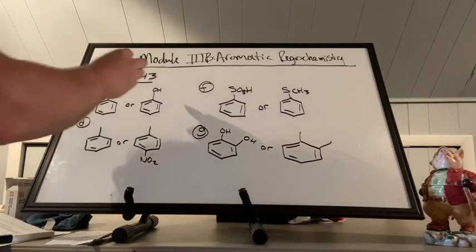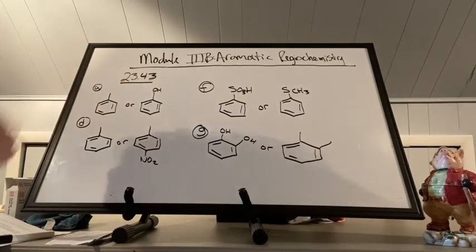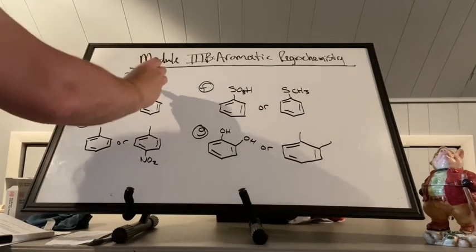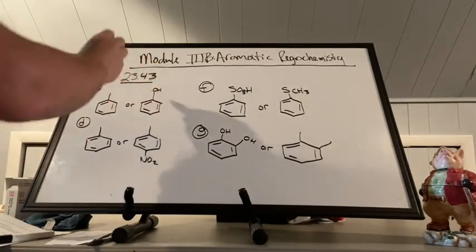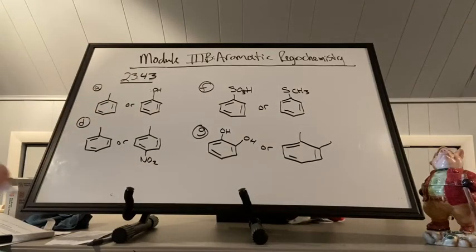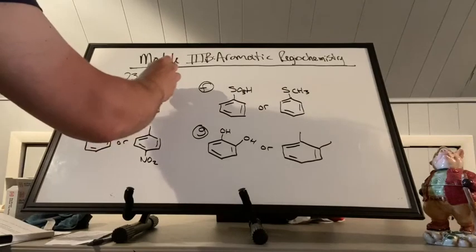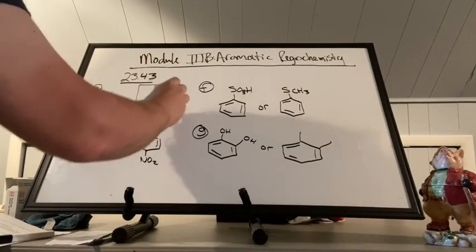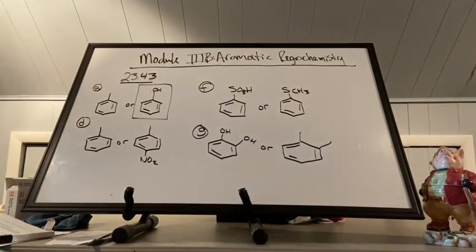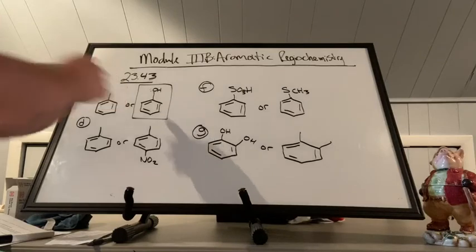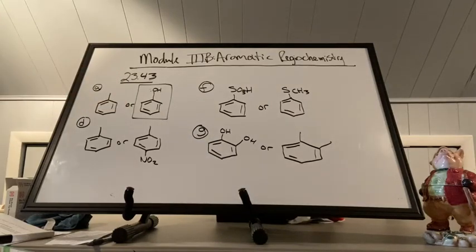So the main difference, other than there's an oxygen here and a carbon here, is this oxygen has a lone pair that can donate in, so it's going to be more strongly activating. So OH is going to be the more activating group, therefore this particular substrate is going to react faster.